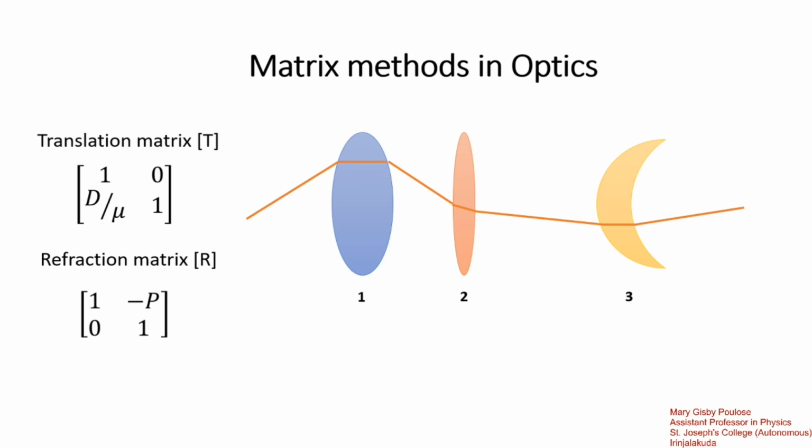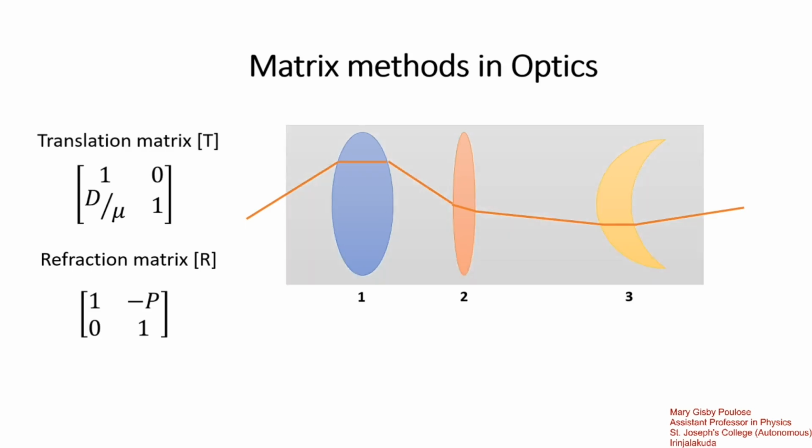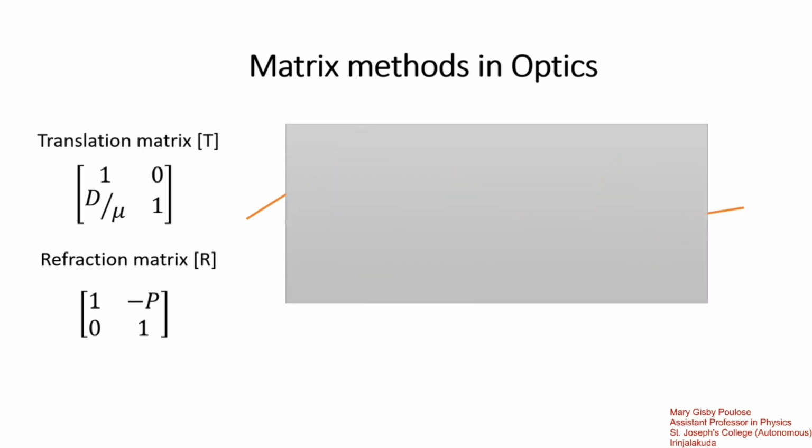So we see that a number of translations and refractions have taken place here. We can sum all these operations together and use a single operation to represent it. Here I can use a single box to represent the whole set of operations taking place within. I need not know what happens within the system.